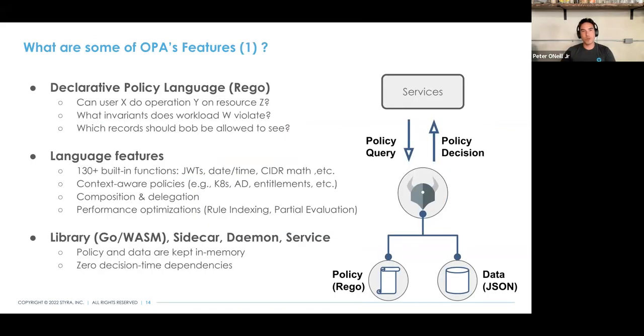And so OPA has a few features that make it super powerful. The first one is the declarative policy language that I mentioned earlier, called Rego. Rego is a purpose-built policy language, meaning that it was designed from the ground up to handle these policy decisions, and to define things that are very common when writing policies, but maybe not common when you're writing normal code.